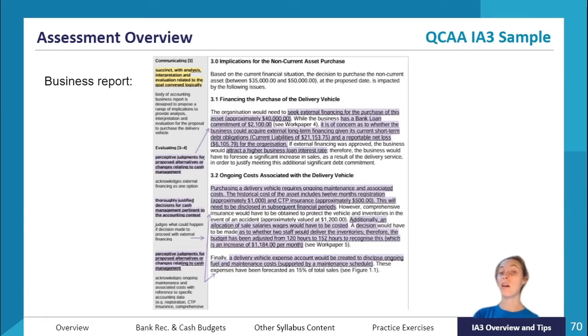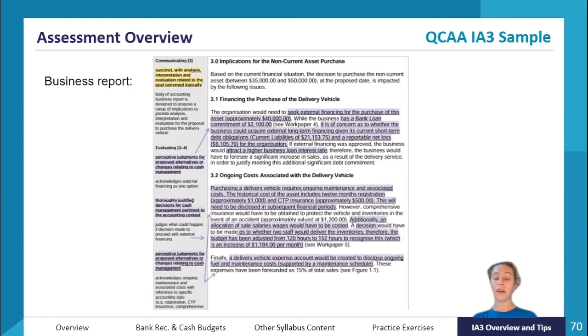So yes, it does already have a bank loan, which suggests it is possible for it to get that external financing, but then you're giving the other side of the story as well. It may not be able to secure another long-term financing agreement with the bank because of its poor position in those other areas. Then it gives us the sort of what if kind of situation.